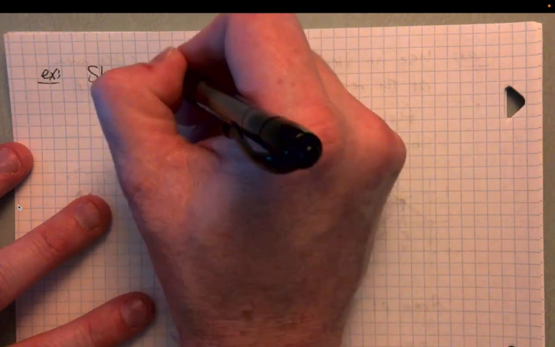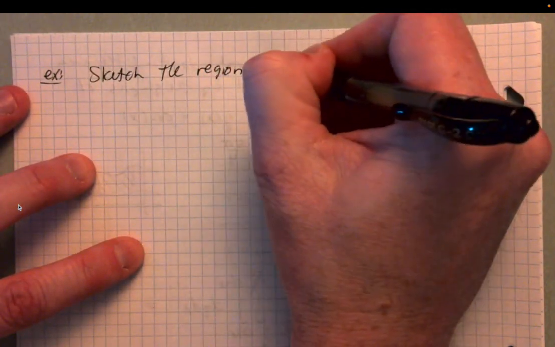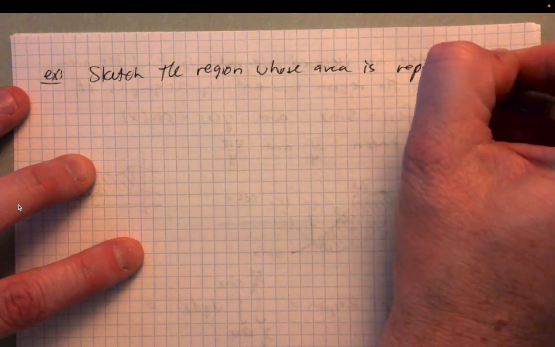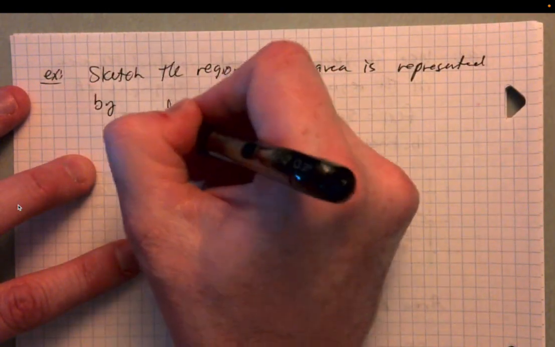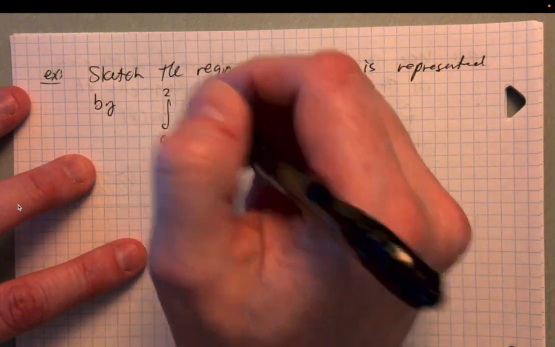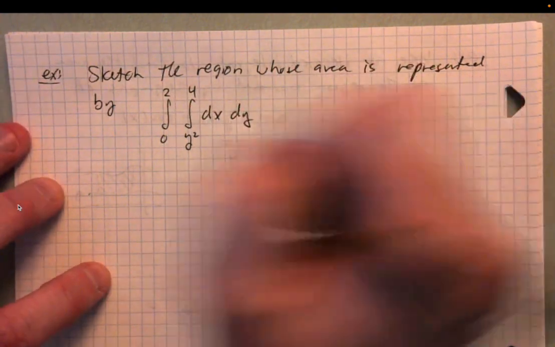Sketch the region whose area is represented by this integral from 0 up to 2, and then from y squared up to 4 dx dy.